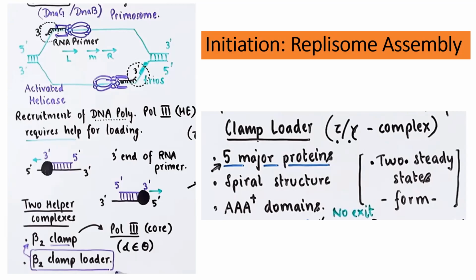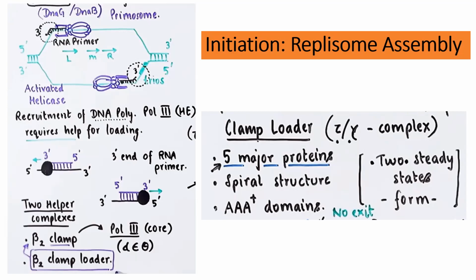They refer to two stable types of form. So we will keep things simple and say that the clamp loader can come in two very fundamental conformations. The basis of the two states comes from the difference in the 5 proteins.